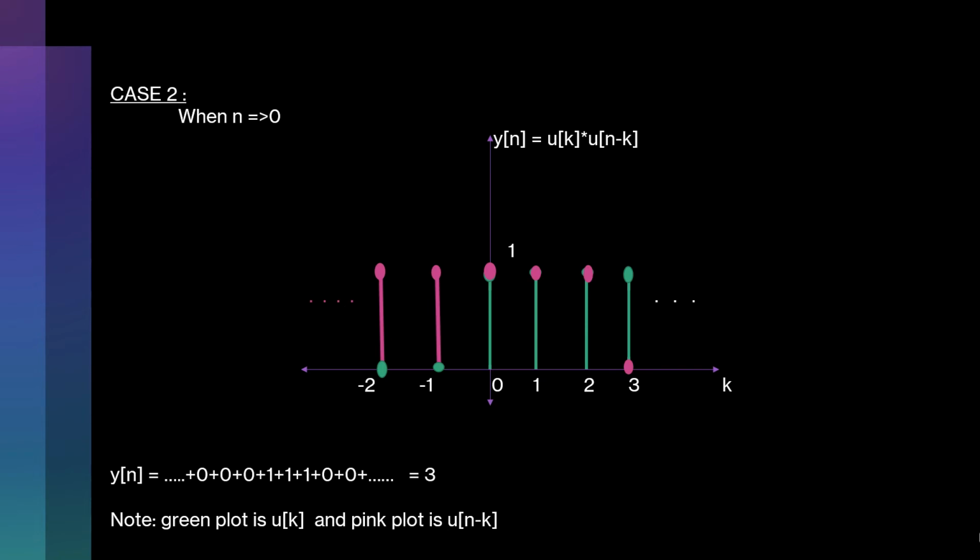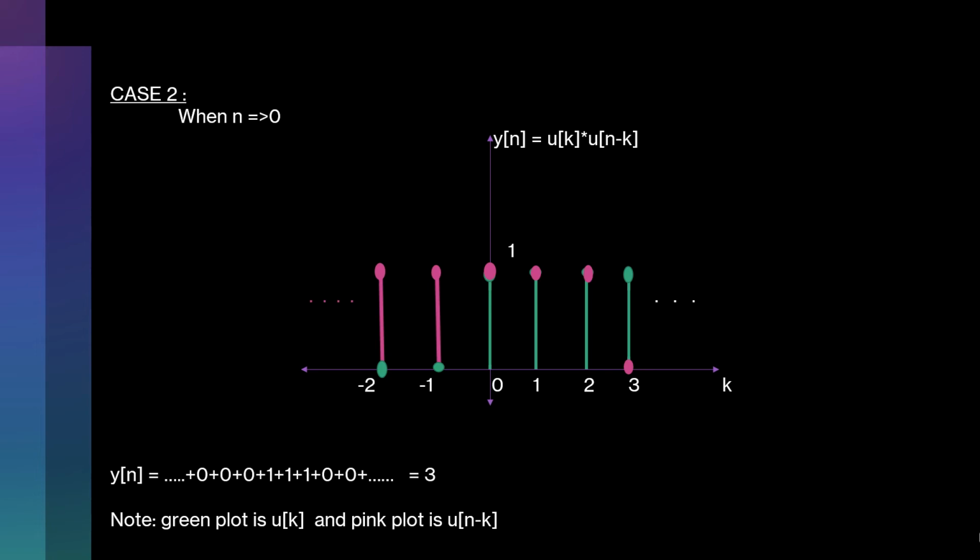Let's calculate u of k multiplied with u of n minus k for the different values of k. We will first consider the negative case, which is k less than 0. For example, when k is minus 2, u of k equals 0 and u of n minus k equals 1. So 1 multiplied by 0, we get 0. For all negative values of k, we get 0.